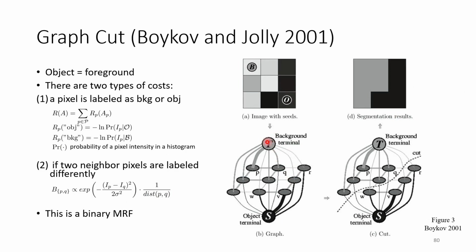Okay, so it is modeled like this. The cost is the probability of the intensity under a distribution. What is the distribution for the local region?